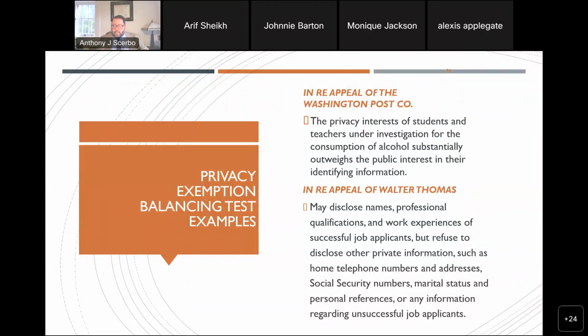And again, going back to the point about successful job applicants, you can also refuse to disclose any information regarding an unsuccessful job applicant, because clearly the privacy interest outweighs any public benefit, because they were in fact unsuccessful in securing a job with the relevant agency.